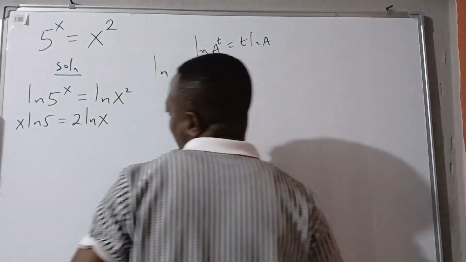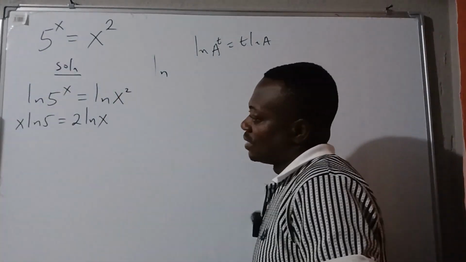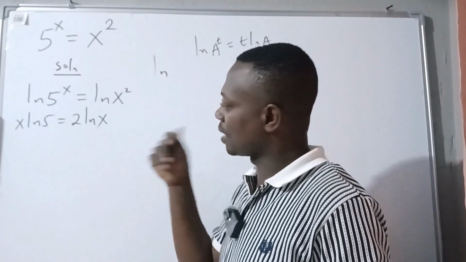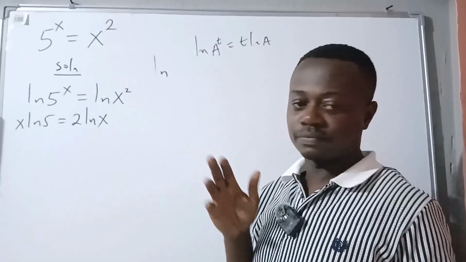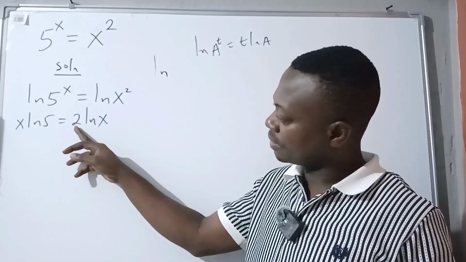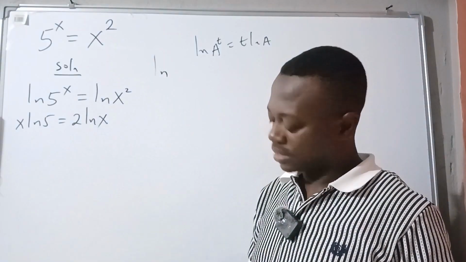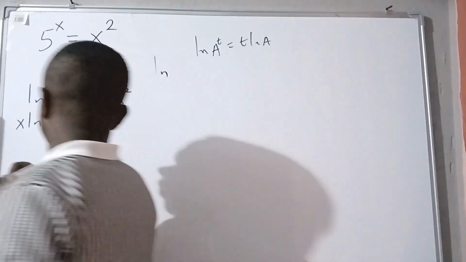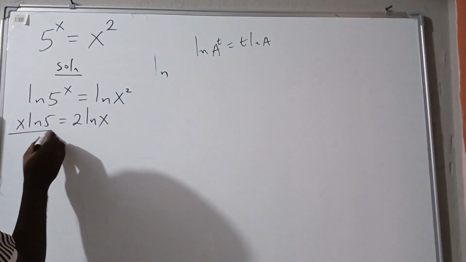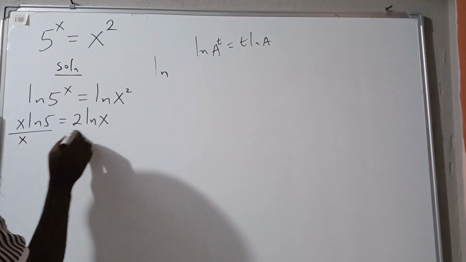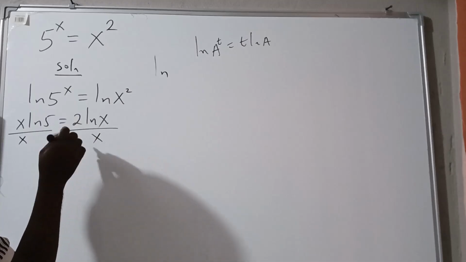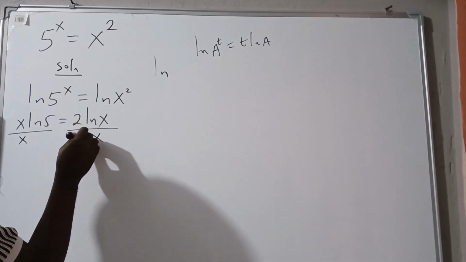All right, now let's observe this one carefully. Here we have x, and here we have ln of x. So what we are going to do is very simple: group the x's on one side and the ones without x on the other side. I'll divide both sides by x, because I want x to come here, and at the same time divide both sides by 2.